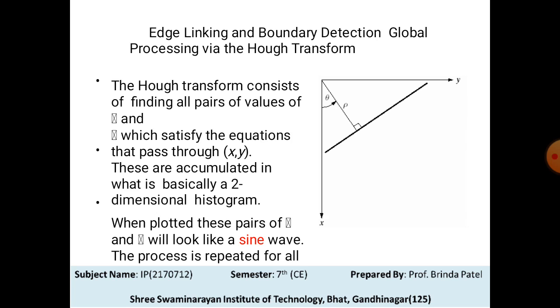So consider a point xi, yi, right? Here is the xy plane, and the general equation of a straight line in slope-intercept form is yi equals a xi plus b.